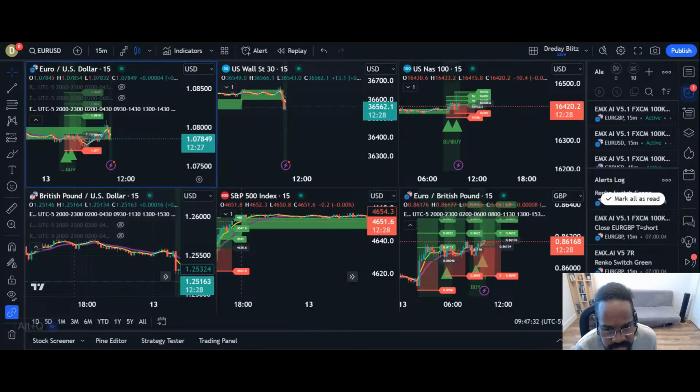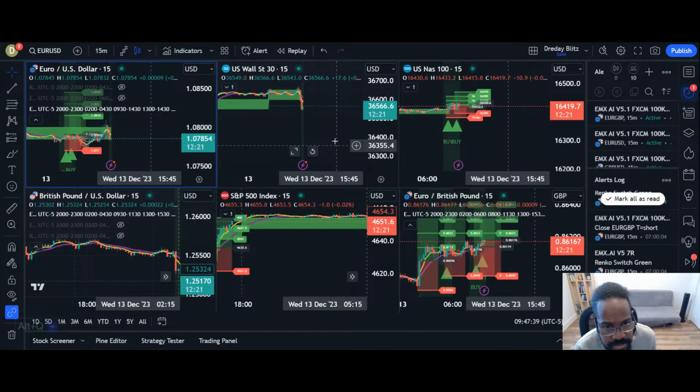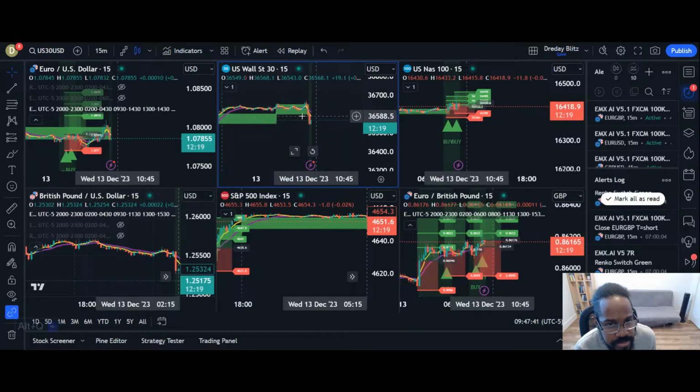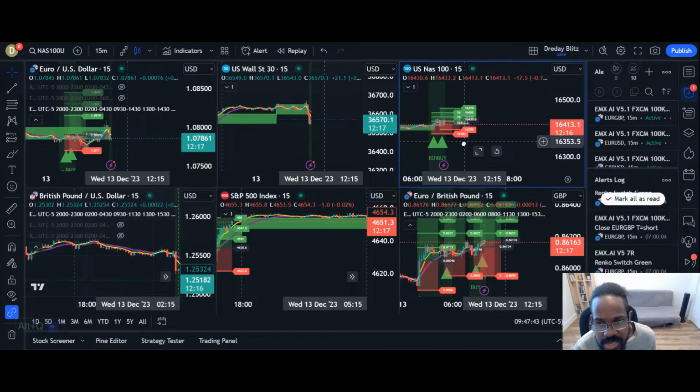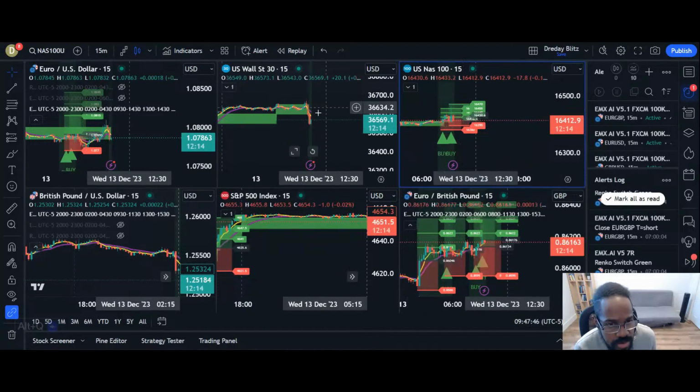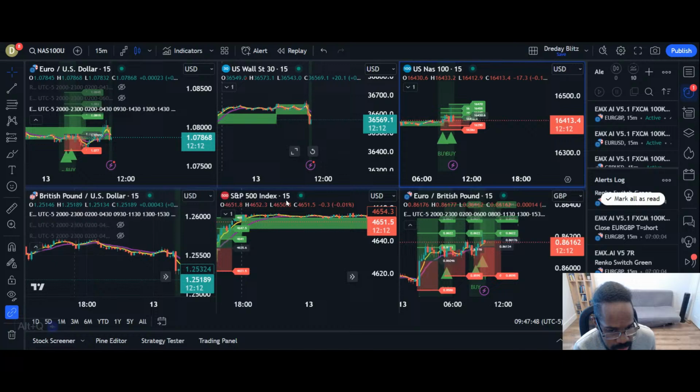Nothing at the indices. And then the switch here is confirming a reversal in the market.